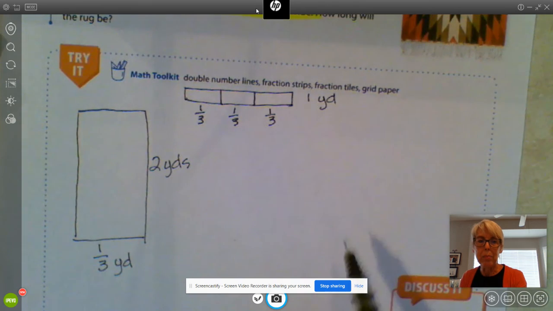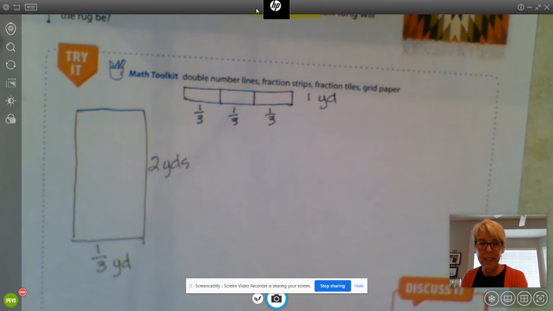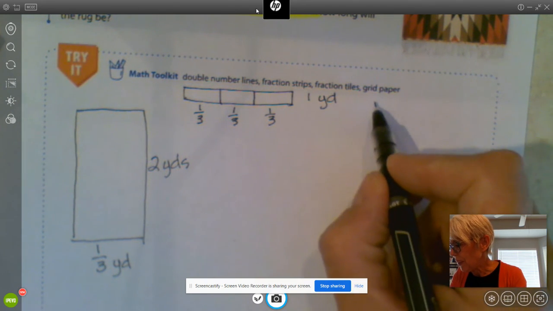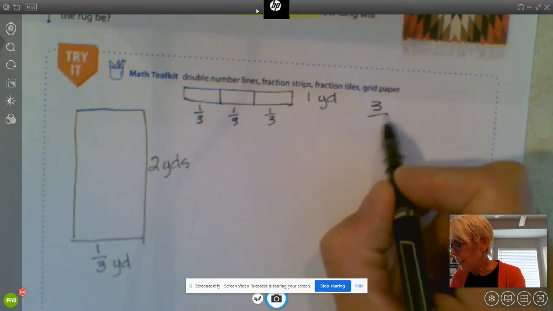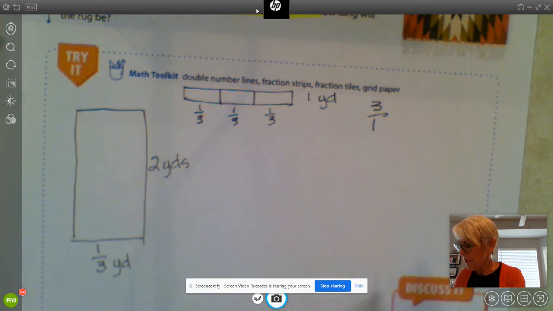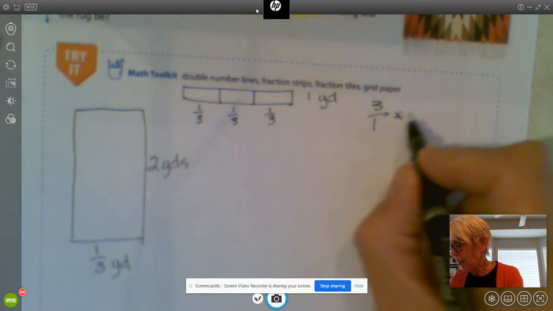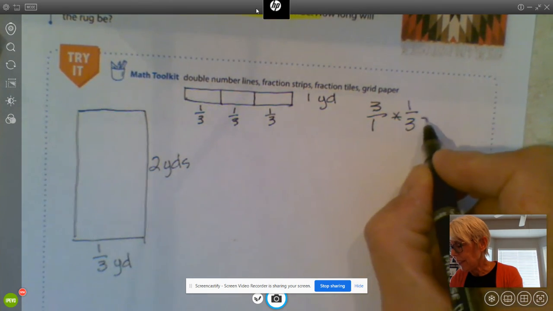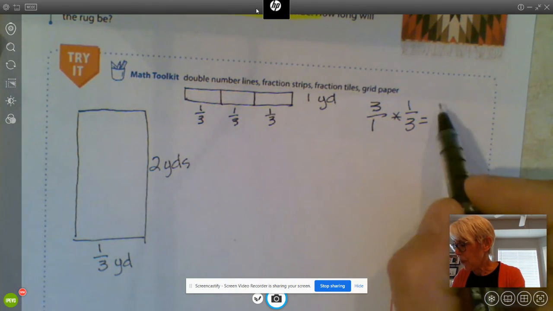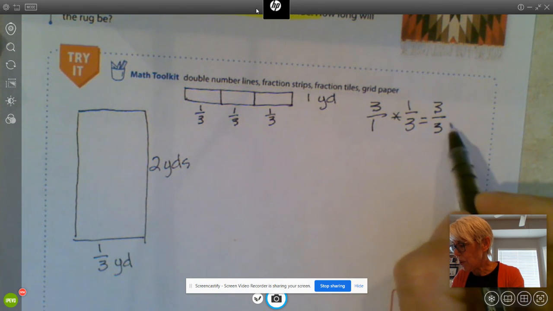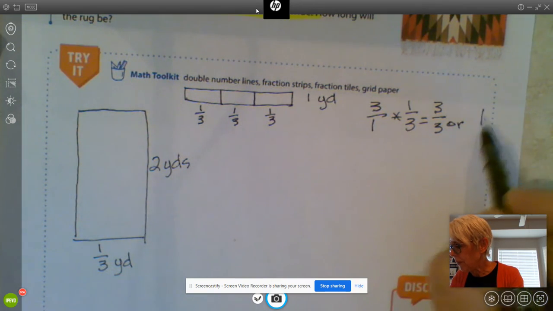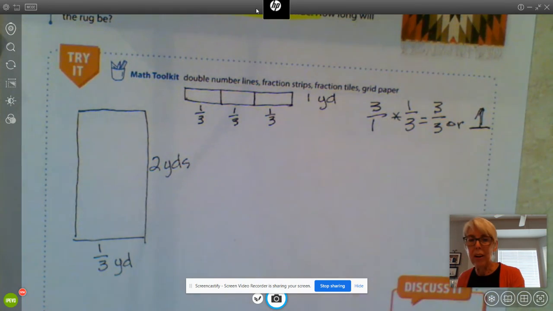I also know that I can multiply 3 by 1/3 and also get a yard. That's what this would look like. So if I multiply 3 of these pieces together, multiply that by 1/3, look what happens. I get 3 over 3, which we know is the same as 1 whole. Just getting our fraction juices flowing a little bit here.